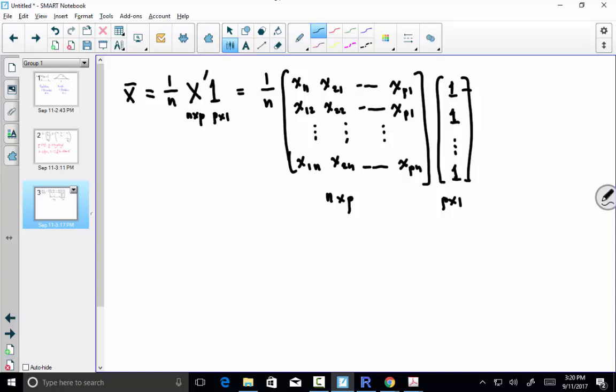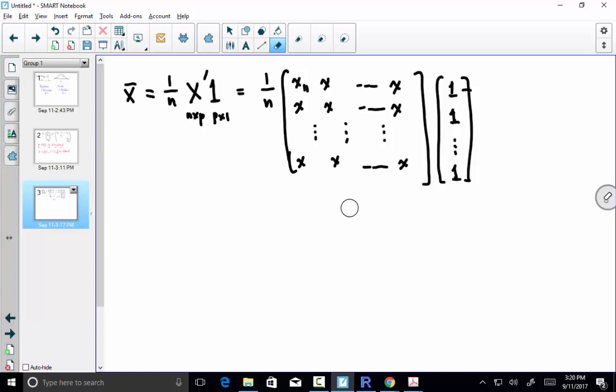This needs to be a transpose, and then these need to change. So I need to transpose this. So this is p by n, and this is n by 1. And in the first row, we have the n observations for variable 1. It's just the n by p matrix that we started with, transposed.